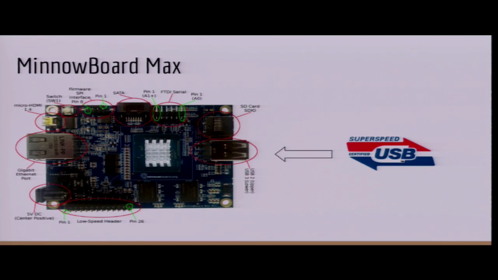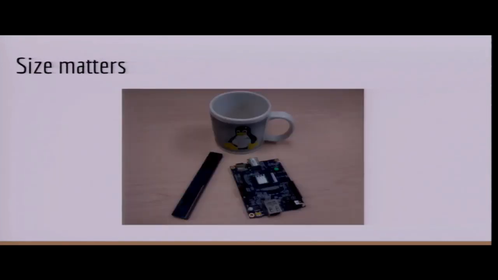So right now we have a camera and a small board that could be used in drones or in embedded systems. As I told you before, the size matters. As you can see, the size is relatively small, and it could be used in any embedded system, drones or IoT devices.